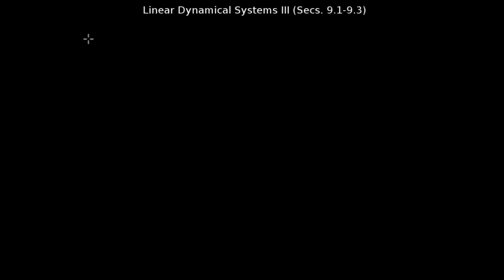So one of the easiest ones is the case where you have two eigenvalues, lambda 1 and lambda 2, and we've already seen if they're opposite signs. So let's say lambda 1 is less than 0 and that's less than lambda 2.